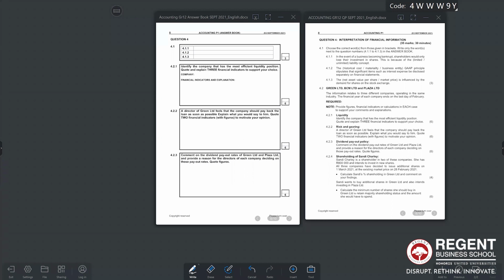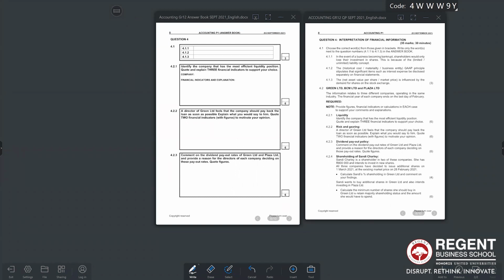The second one is whether it's historical cost, materiality, or business entity. The GAAP principle stipulates that significant items such as interest expense be disclosed separately on financial statements. Besides interest expense, things like director's fees and auditor's fees must be disclosed separately.